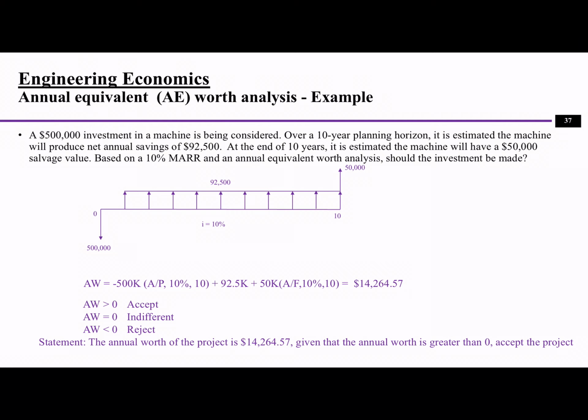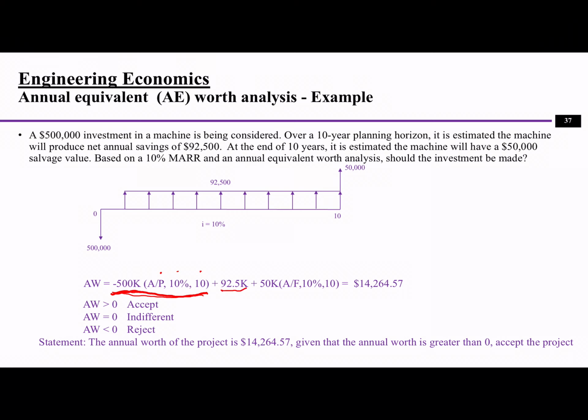We just simply use the equation to calculate that. The first one, $500,000, because it is a present value, you want to convert it to an annual value. We use the equation given the present value, 10% interest rate, and 10 periods, and the present value is this.